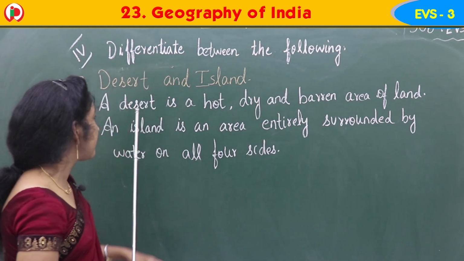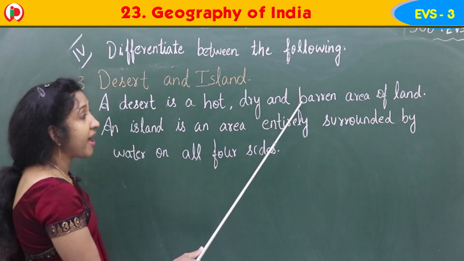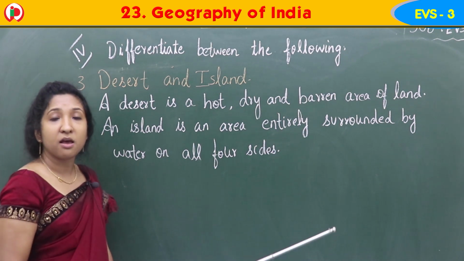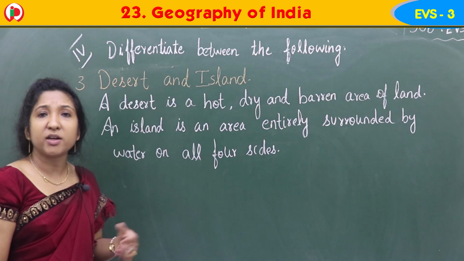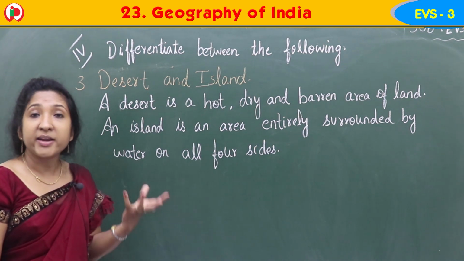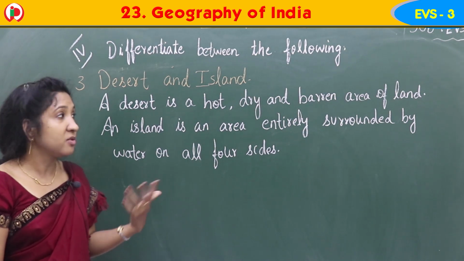Yes, so answer. A desert is a hot, dry and barren area of land. Barren, B-A-R-R-E-N, means because of the lack of availability of water, no vegetation or no plant and animal can survive there. That is barren, no water, so no vegetation, no plants, no animals.